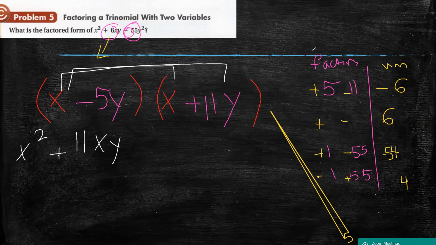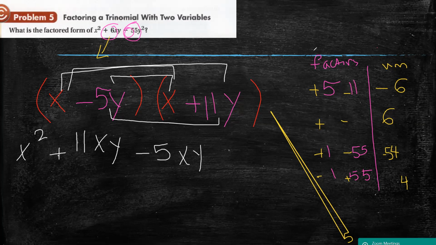Then negative 5y times x, negative 5xy. The negative 5y times 11y, negative 55y squared.